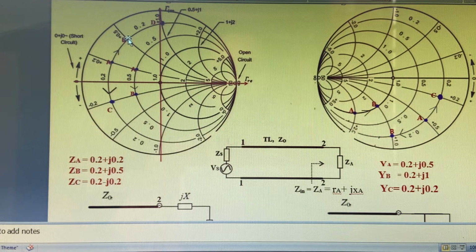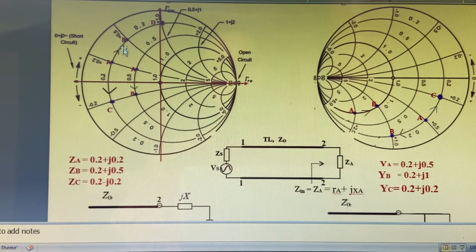That means at this position the impedance is 0.2 plus j0.2. But from here, if you move on the resistance circle like this to reach the point B, the resistance value remains the same, 0.2 only, but the reactance changes to 0.5. So at this position, the impedance is 0.2 plus j0.5.